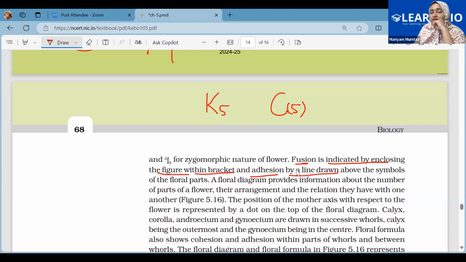For example, do you people remember epipetalous androecium? What was epipetalous? You can derive it from the name only. Epipetalous. What is the meaning of epi? On top.